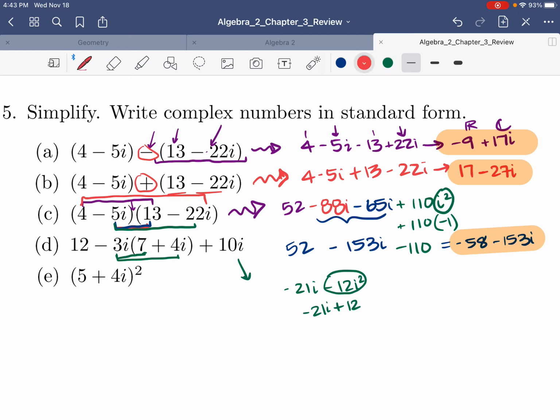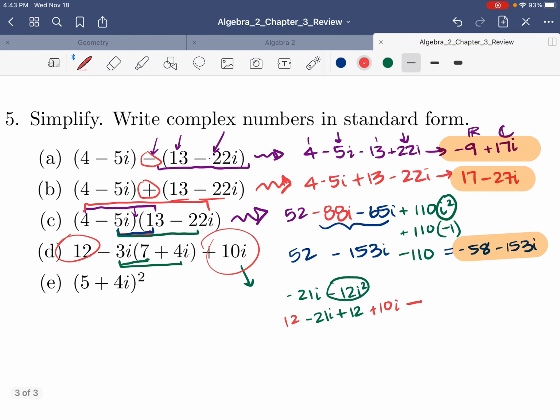And everything I didn't use, that plus 10i and that 12, I just write there. And I continue to simplify. So I combine like terms, the 12 and the 12 gives me 24. The negative 21i and the positive 10i gives me minus 11i. And I now have my answer for question D. It is in standard form because it's the real number followed by the complex number.